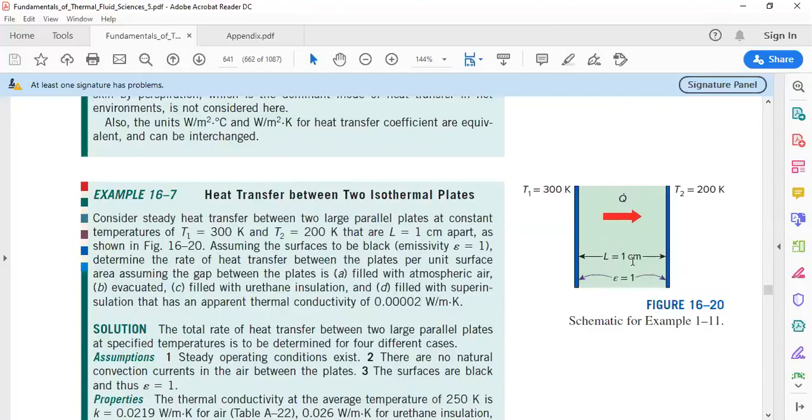B, if it's evacuated, the only heat transfer mechanism that can occur without an intervening medium is radiation. So that would be only by radiation. C, if it's filled with urethane insulation, which is considered an opaque material, there would be no radiation. And of course, there's no convection since there's no fluid motion. It's just solid, so it would be just conduction. D, similarly, it would be just conduction.